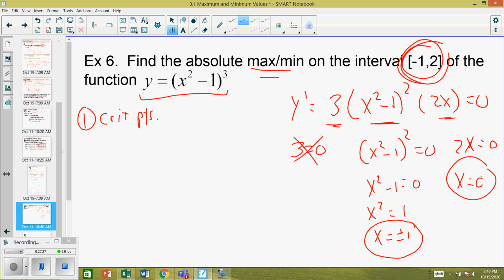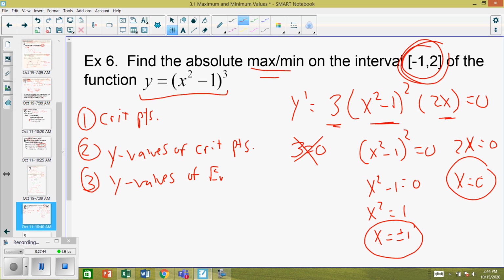All right. So step 2 is to find the y values of the critical points. And I'm going to combine that with step 3, which is to find the y values of endpoints. We're going to find the y values of all of these, and then all we have to do is compare.